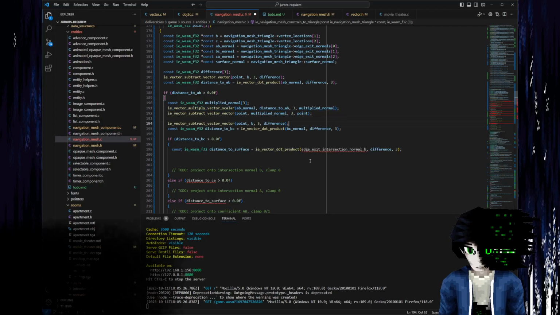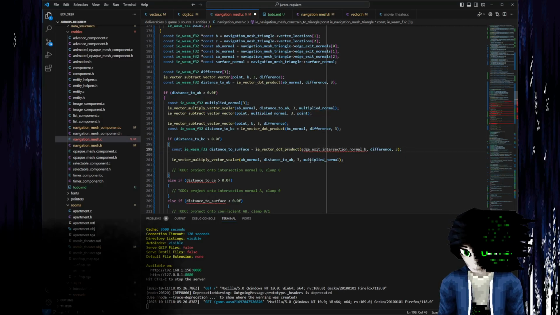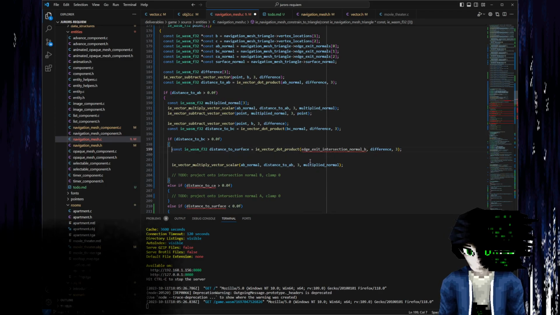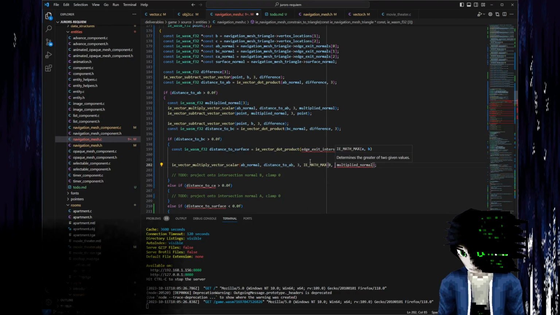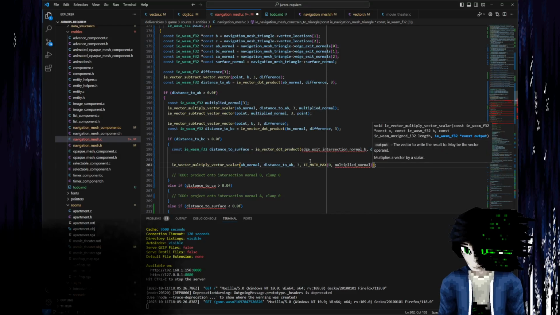Then we're going to multiply that. And we're also going to clamp it to 0 so it can't go underneath the surface.